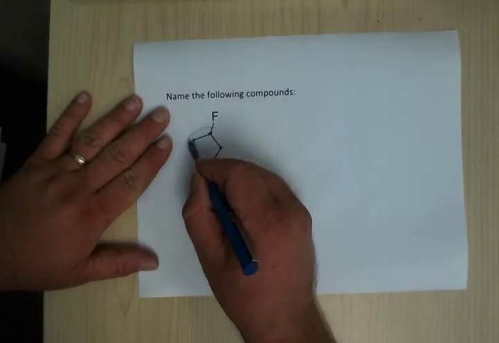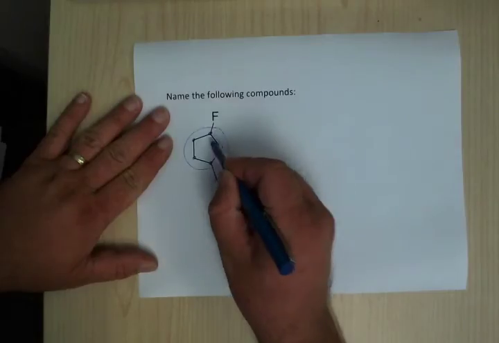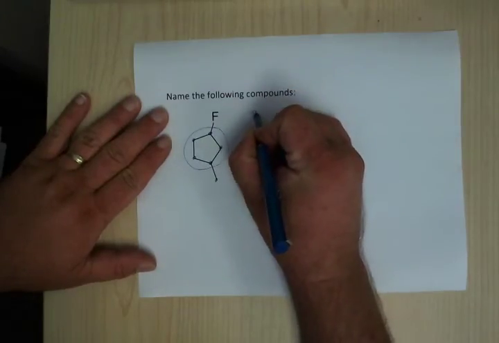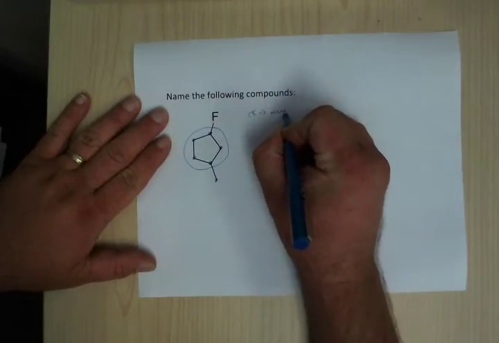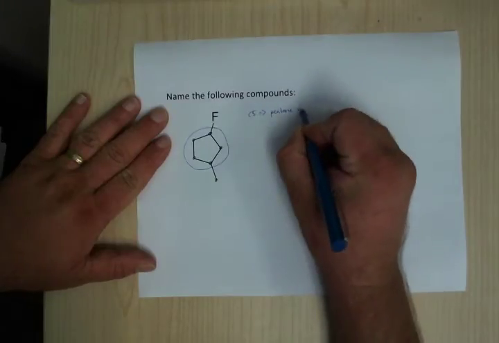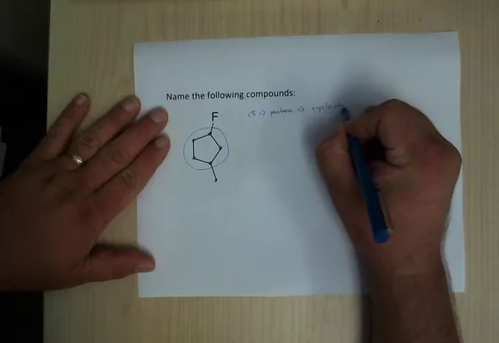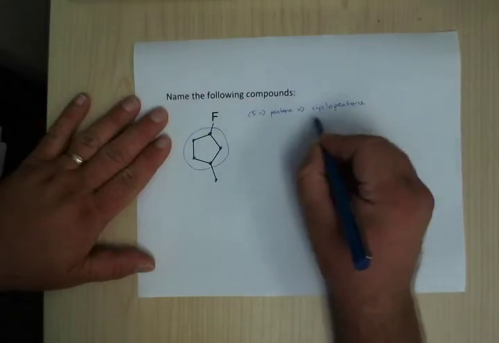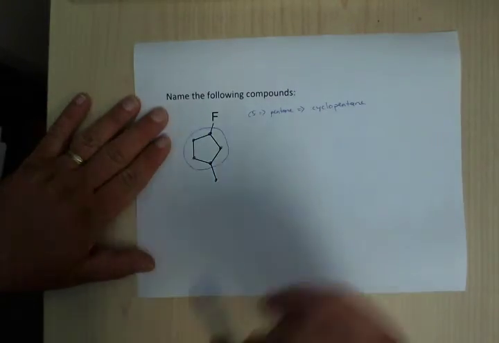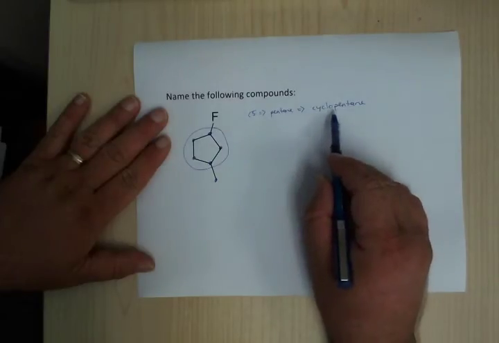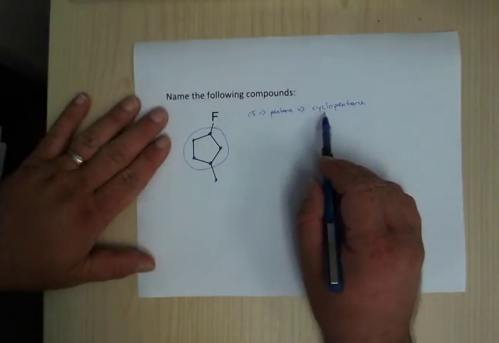So your main chain is going to be that ring, so C5, which would normally be pentane. But to indicate that it's a ring, we're going to make this a cyclopentane. We're going to put that cyclo prefix in there to indicate that it's a ring.